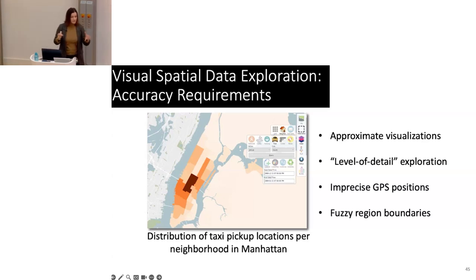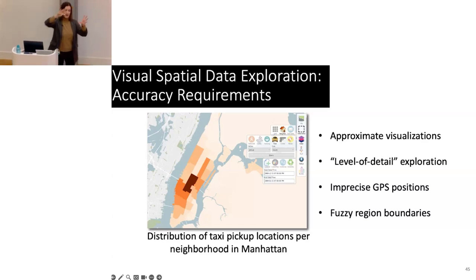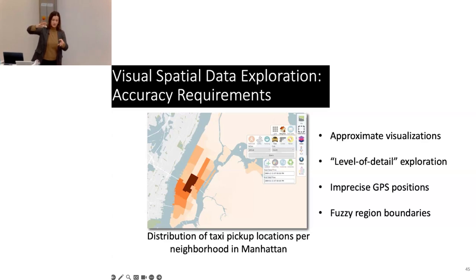So, for example, for a heat map, we just map the counts to different colors. If the count is slightly different, but in the end it's still mapped to the same color or to a color that's super close to the original one, you're not going to visually see the difference.